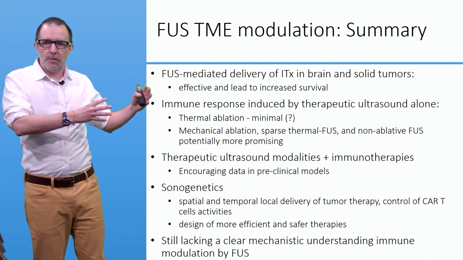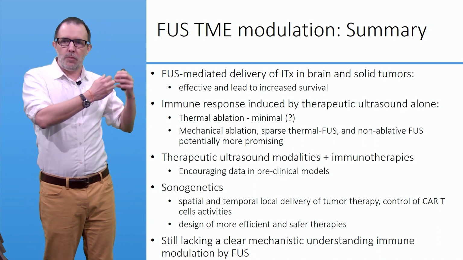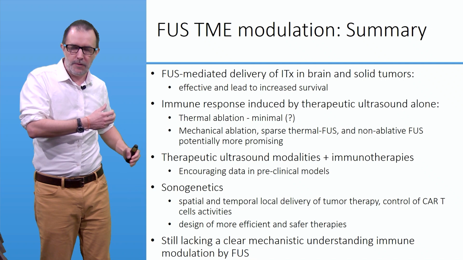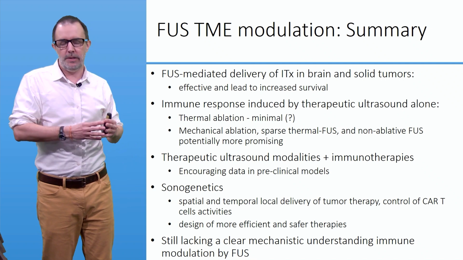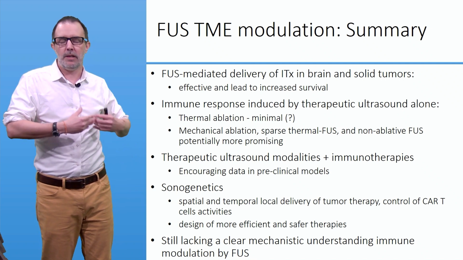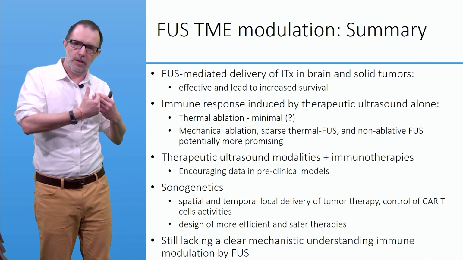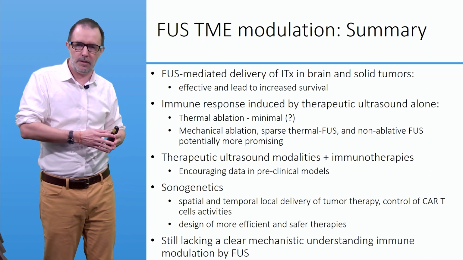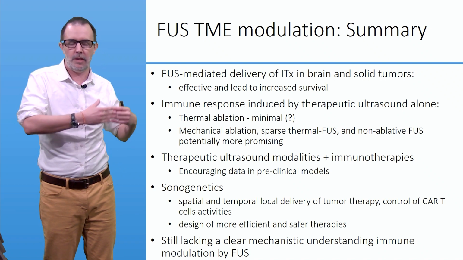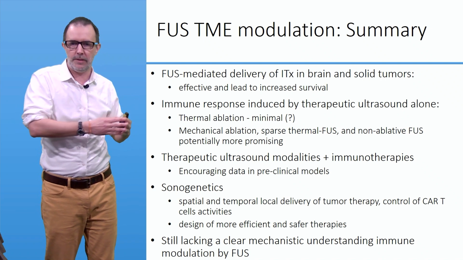And really to conclude, we have all these elements of evidence that we can modulate the tumor microenvironment, that we can improve the response to immunotherapy, that we can trigger a systemic immune response and observe abscopal effect.